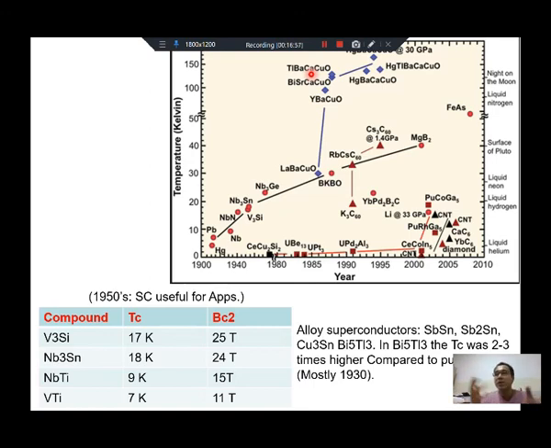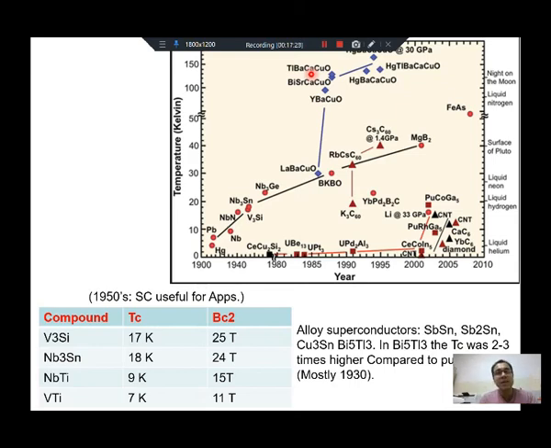If the material is very brittle, for example like these ceramic superconductors, then you cannot make them into wires. The moment you try to make them into wires, they break. So from the practical point of view, even if they are high temperature superconducting, if you cannot make them into wires, then there is not much application you can have out of them.